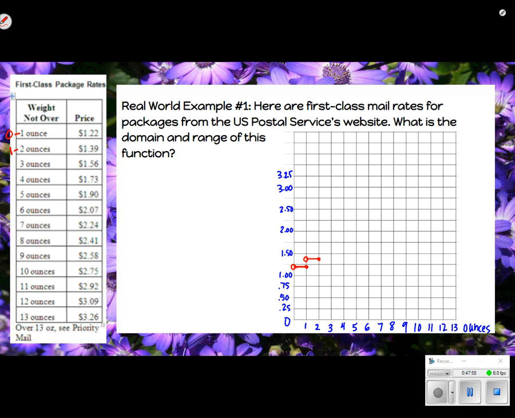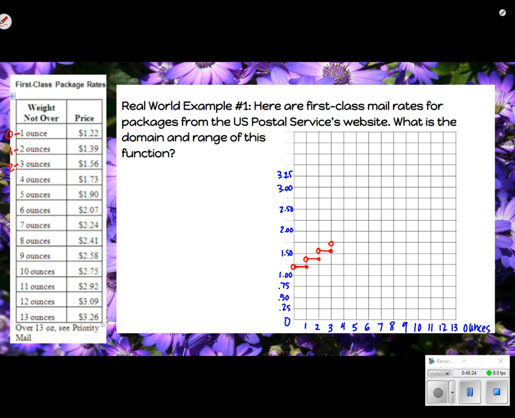All right, at 3, we're paying $1.56. That's really slightly bigger than 2 up to 3 ounces. So slightly bigger than 2, $1.56, so we're going to be right above that. There we go. So you see my steps forming? All right, 4 ounces, we're going to be paying $1.73. The next line up here is $1.75, so I'm going to be right below that.